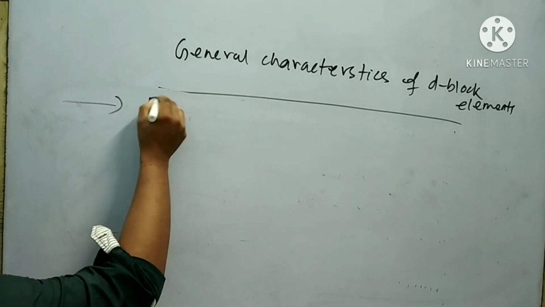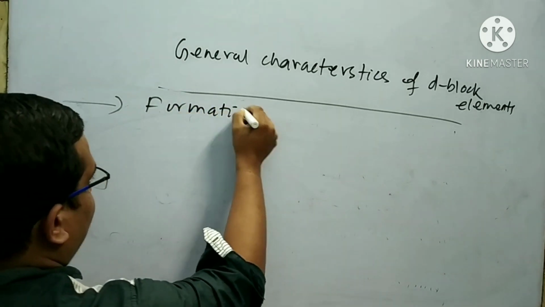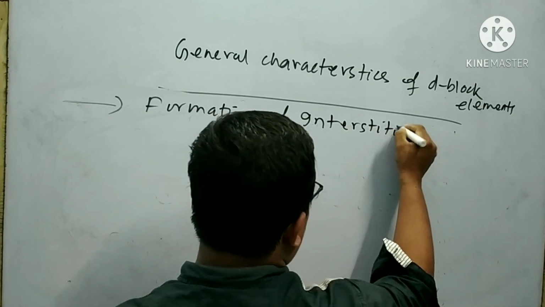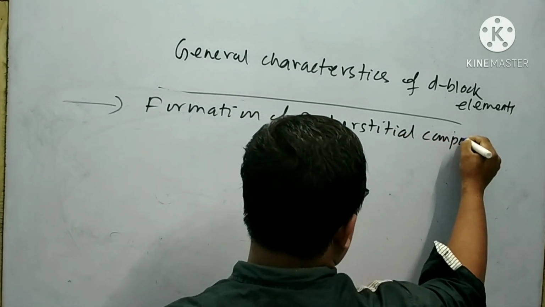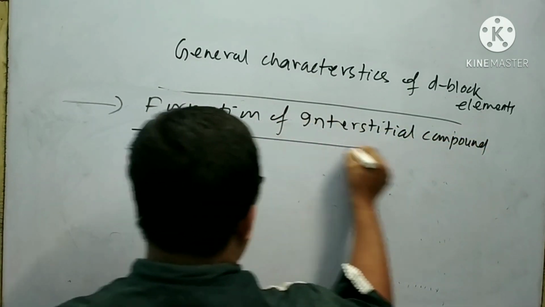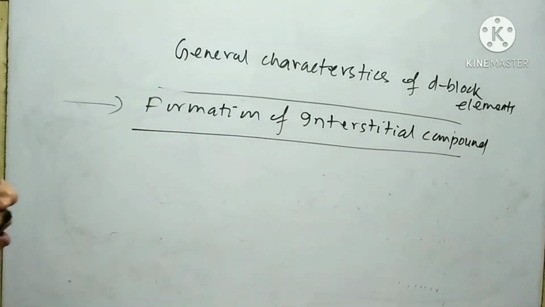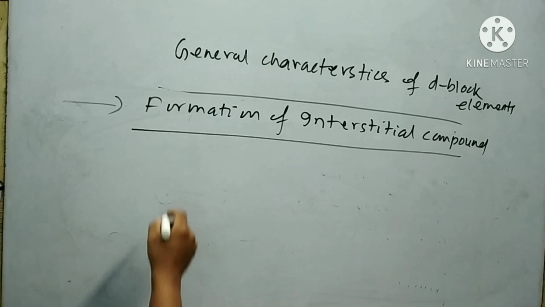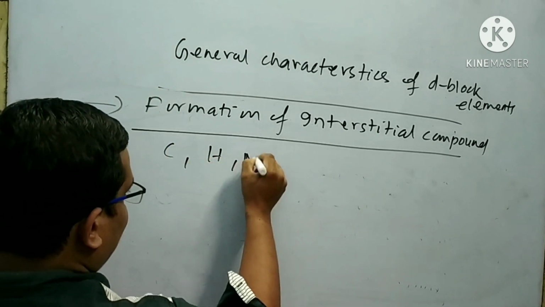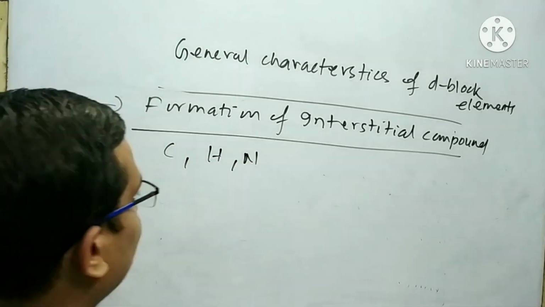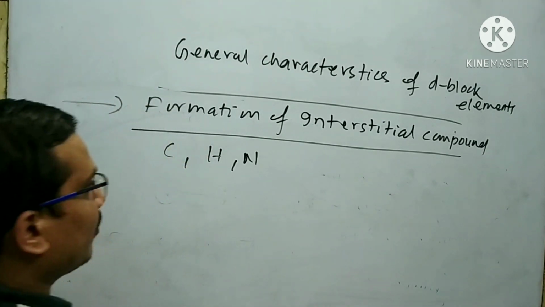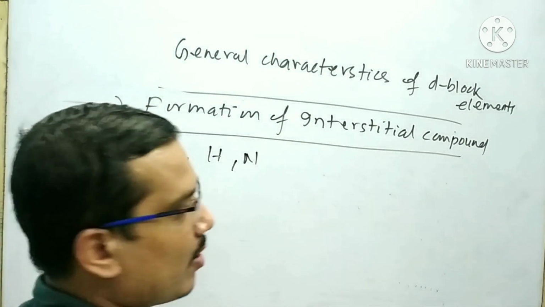Next is the formation of interstitial compounds. All the transition elements can form interstitial compounds. Small elements like carbon, hydrogen, and nitrogen can be entrapped in the crystal lattice of the metal to form the interstitial compound.